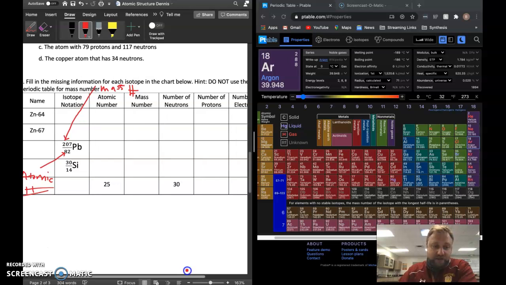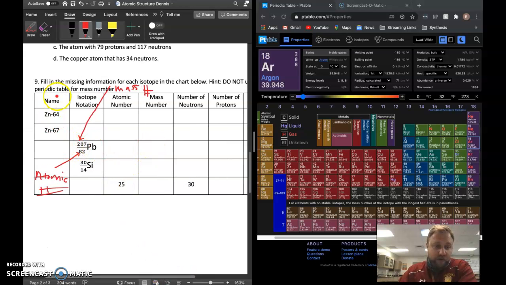So if you look, we want the name, so we give the symbol plus the mass, so 207. Or you might see it as lead 207.